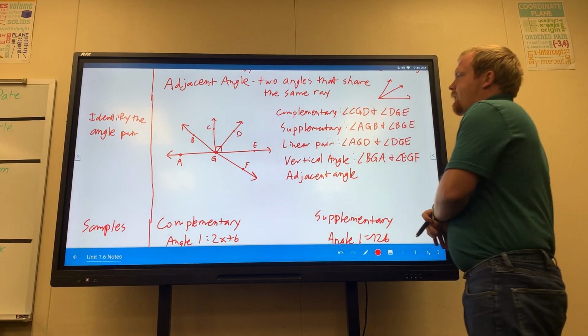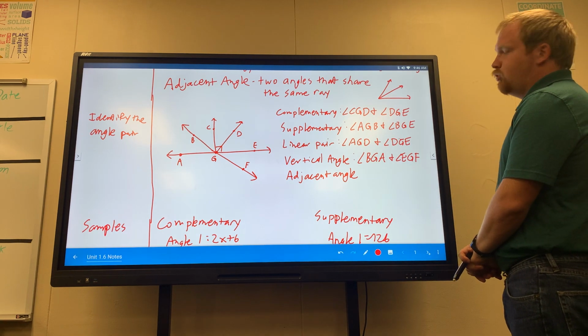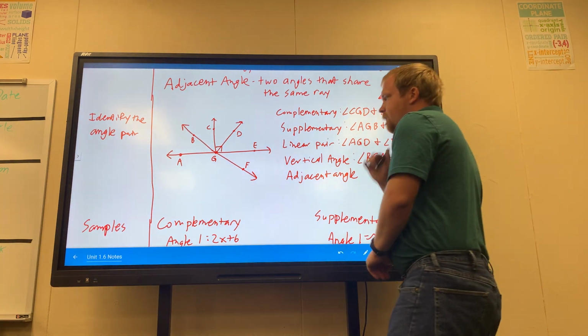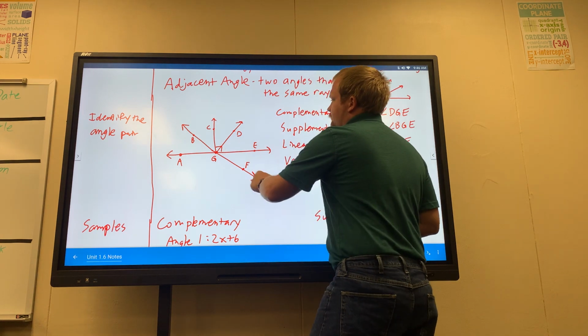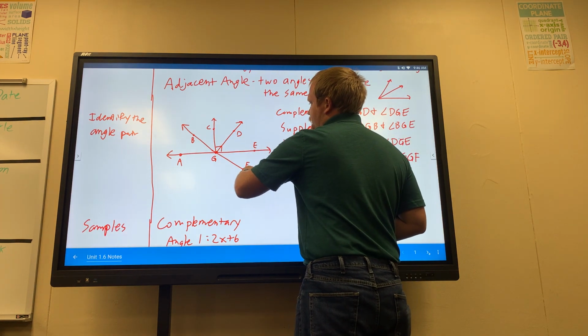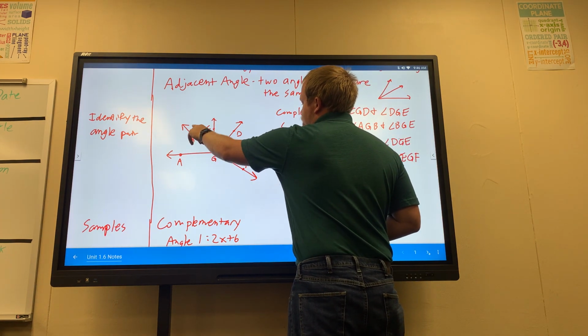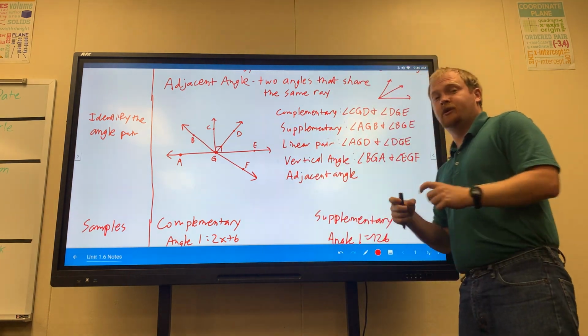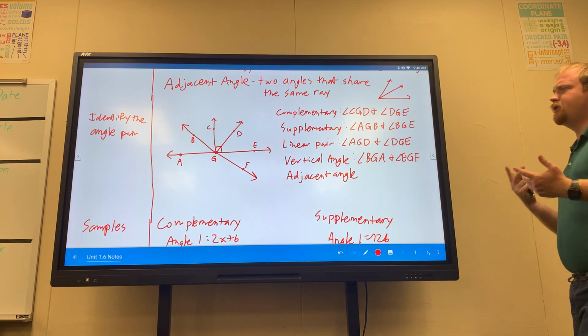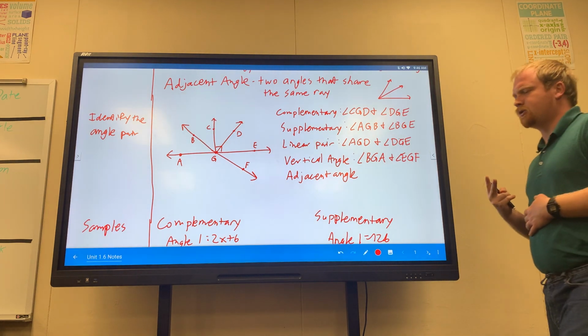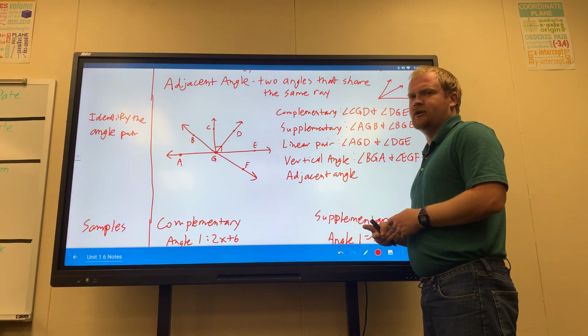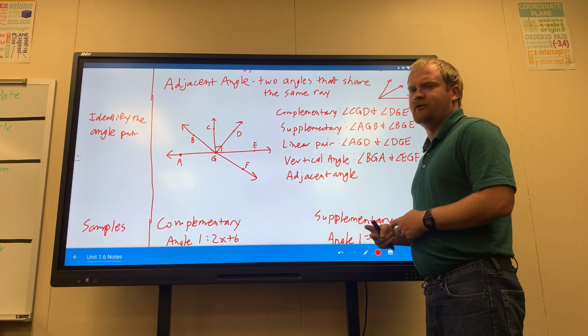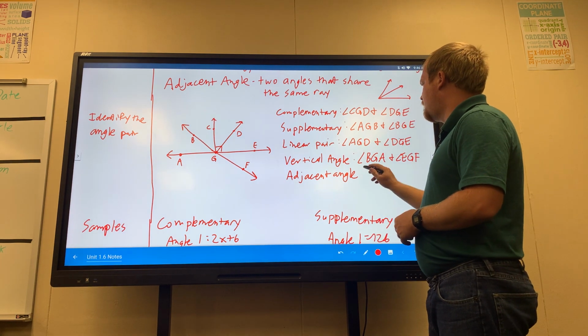Okay? Now, another pair, and it's coming from the same line, would be AGF and EGB. So even the bigger angles will be congruent to one another. But those are the only two pairs of vertical angles that we have, okay? We can't make any more.